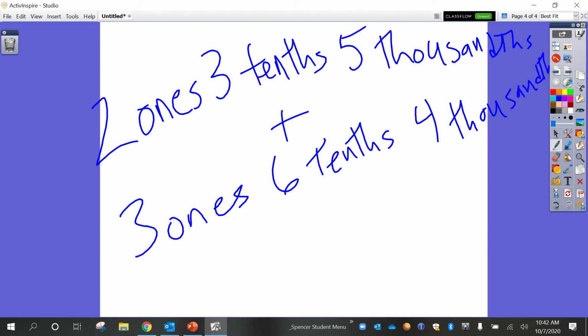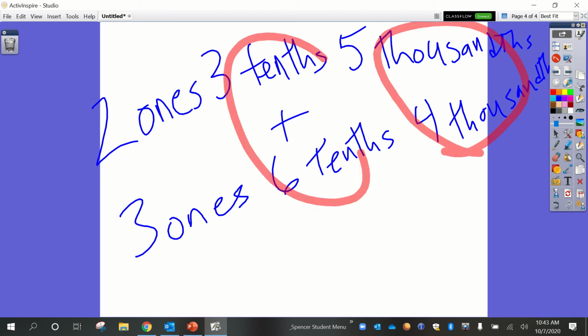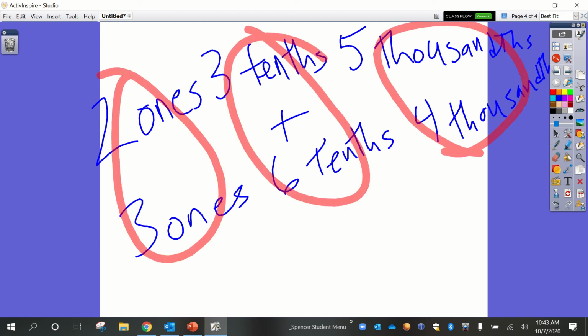Now when we stack and add just the digits, we always make sure that we're aligning those place values. Thousandths over thousandths, hundredths over hundredths, tenths over tenths, ones over ones, and so on. The same thing's true here. We have to add like units.